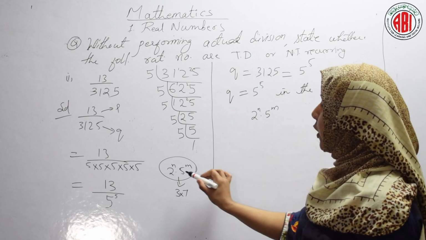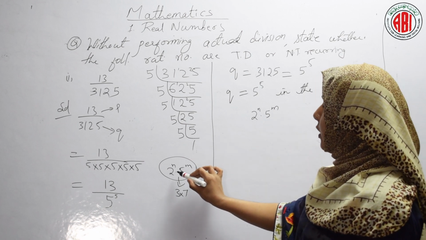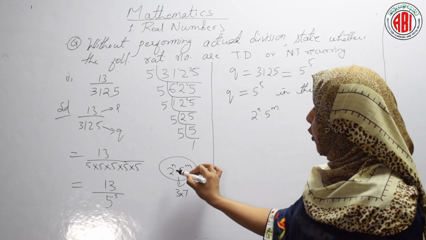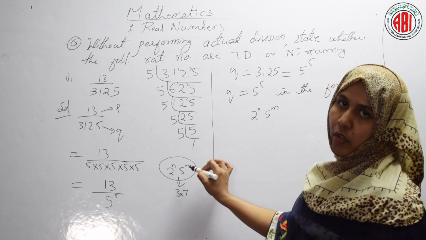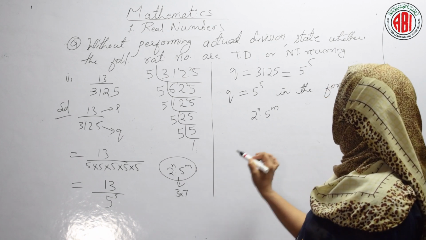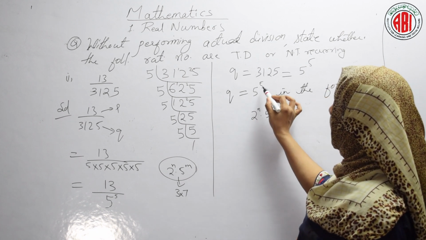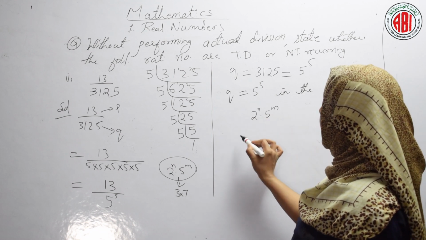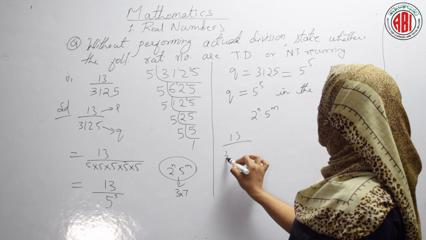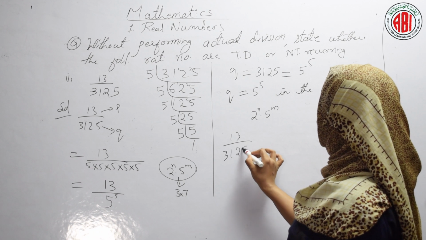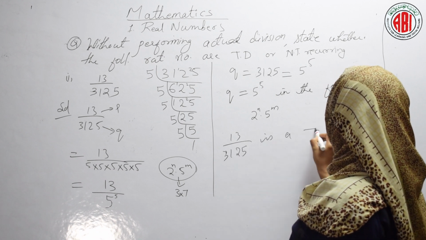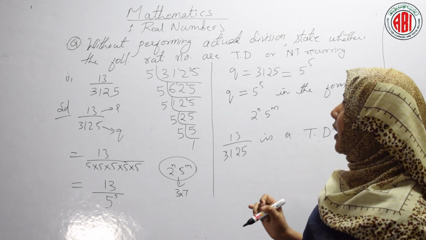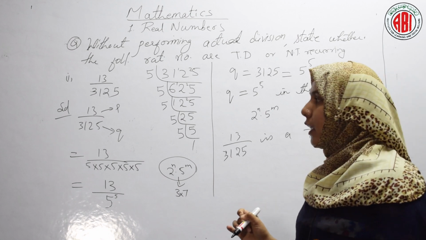You may have a question, why is 2 not there? If 2 is not there, no problem. We need at least 2, or at least 5, or both. Other than these two, other factors should not be there. So q is nothing but 5 power 5, and directly we can say that 13 by 3125 is a terminating decimal, without performing actual division.